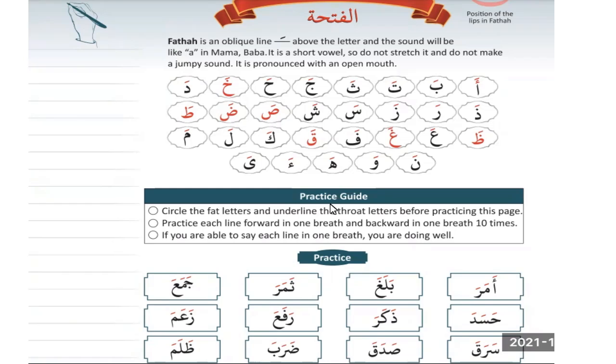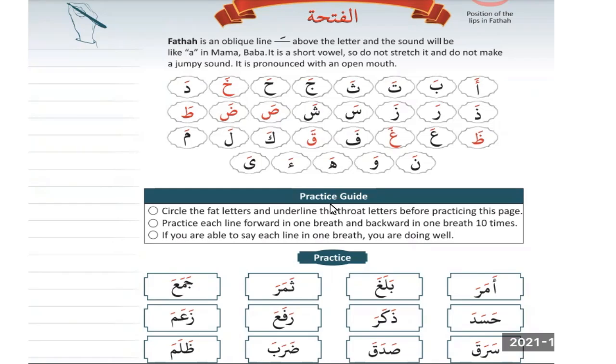Dod is again the side of the tongue. Sometimes the side of the tongue touches the upper side teeth, otherwise the entire tongue touches the roof of the mouth. This is a very thick sound. Dod, fatha, do.